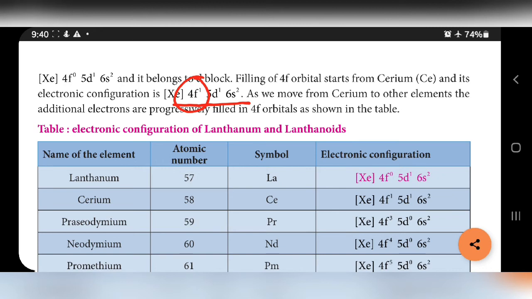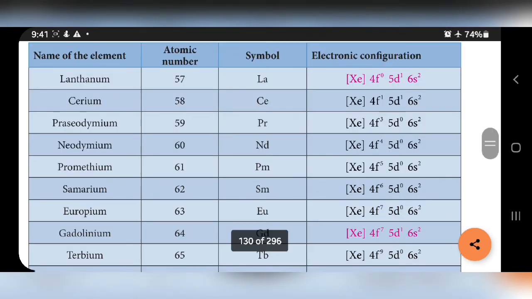As we move from cerium to other elements, the additional electrons are progressively filled in the 4f orbital as shown in the table. Please see the table. Lanthanum, atomic number 57: 4f0 5d1 6s2. For cerium: 4f1 5d1 6s2. That means here only electrons are placed in the f orbital.